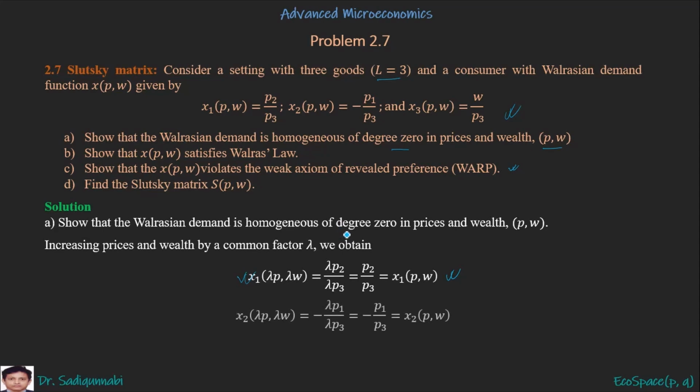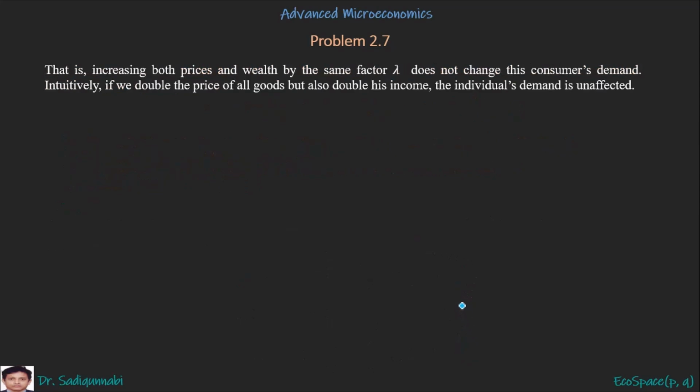So we can say that increasing both prices and wealth by the same factor lambda doesn't change this consumer's demand. So if we double prices of all goods and income, the individual's demand is unaffected. So the demand curves are homogeneous of degree 0.